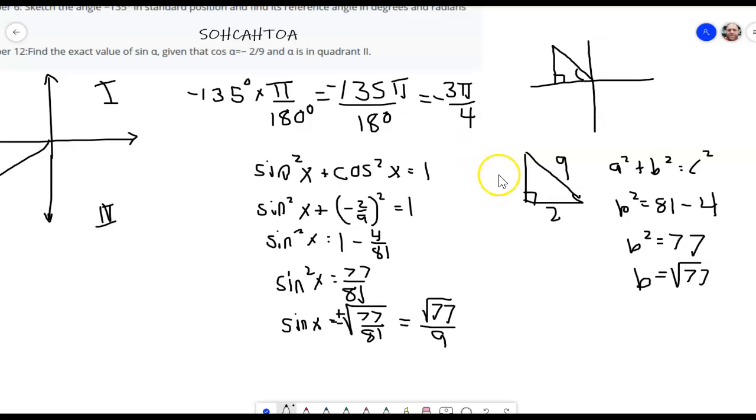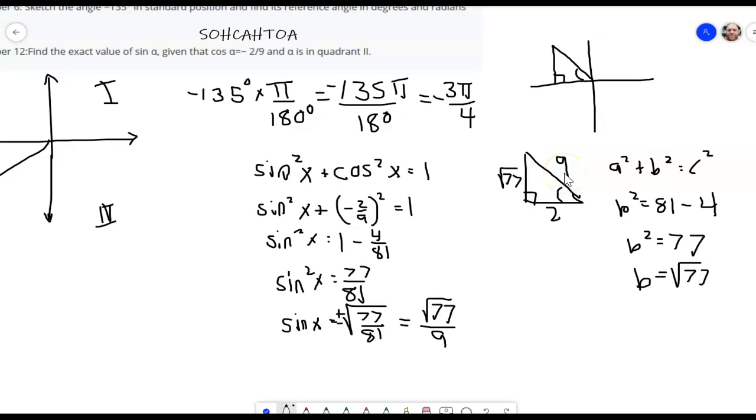So now I have all 3 sides of my triangle. And here is my acute angle, the angle that I'm talking about. So now I can do all of my trig functions really easily. They already gave me my cosine, which is adjacent over hypotenuse, which is 2 over 9, and I'm in the second quadrant, so I know it's negative.